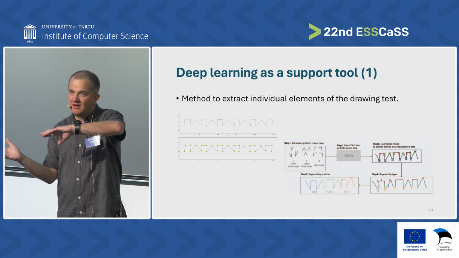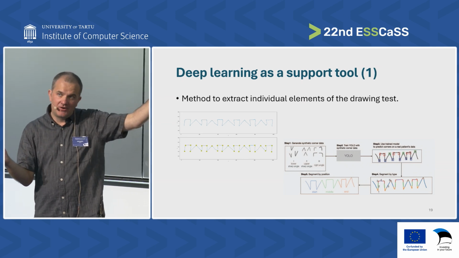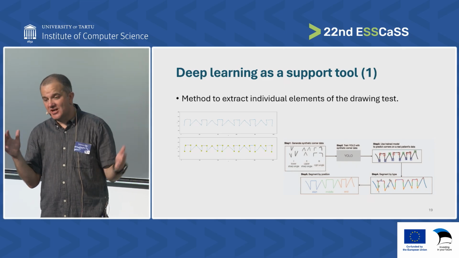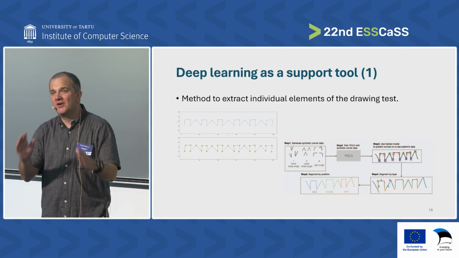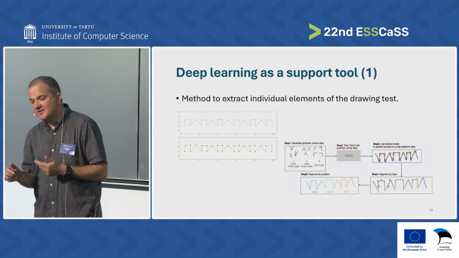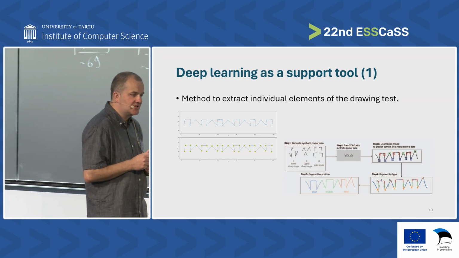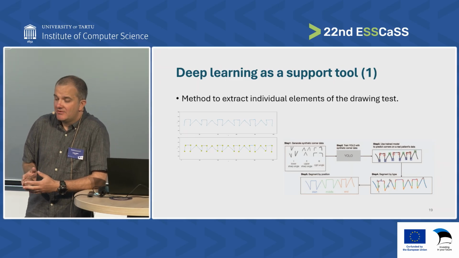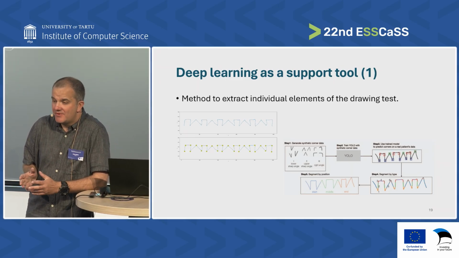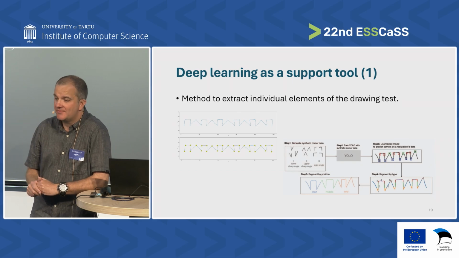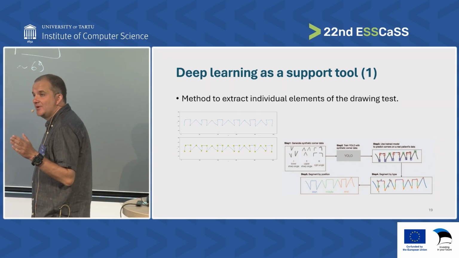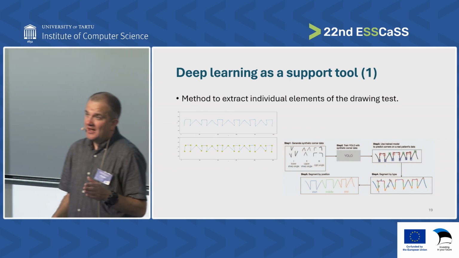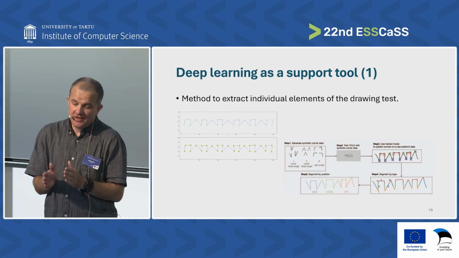So we return here to the question of feature selection. We're not interested in just taking the entire test, computing parameters and being happy with it. We're interested to find out which parts are more informative. For example, in our research, we managed to very precisely distinguish different components, but we also found out that the starting part of the test contains more information than the middle part.